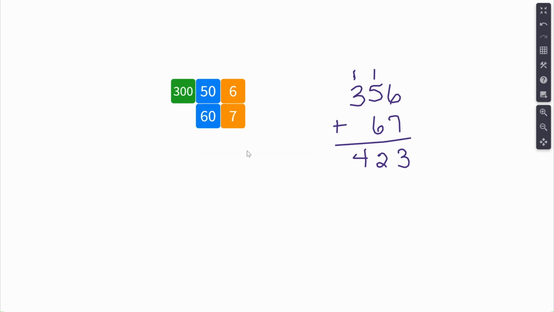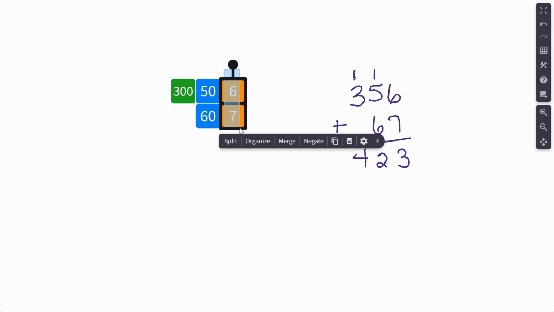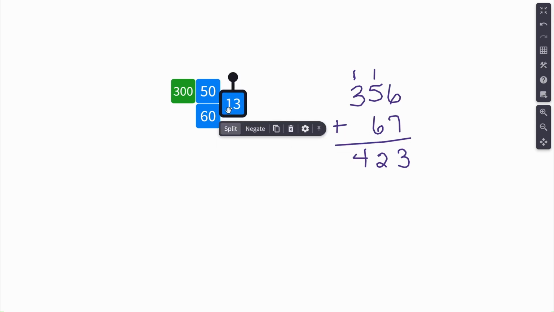Here I have 6 and 7, 50 and 60, and we see it sort of lined up the same way as before. If I merge this 6 and 7, I'm going to get 13 ones. But notice that it turned blue here because it became something greater than 10. So if I split this apart again, it's going to get that 10 plus 3.